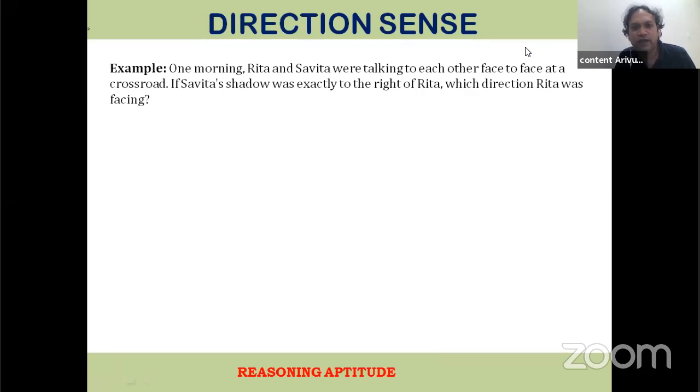See, some of you are saying west, some of you are saying south, some are saying north. Some are saying east also. So now I've got all four directions in the answer options: east, west, north, south. Now, unfortunately, Rita has only one head. She's not like Brahma with four heads, that she will face all the four directions.